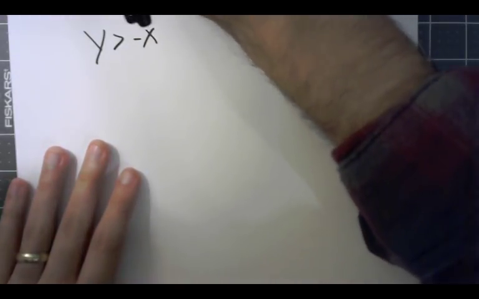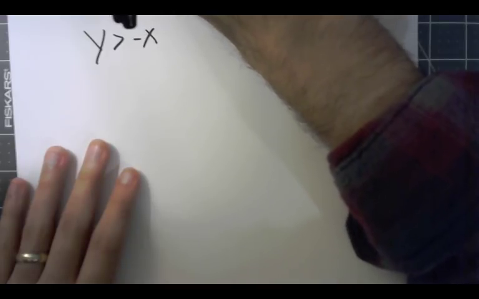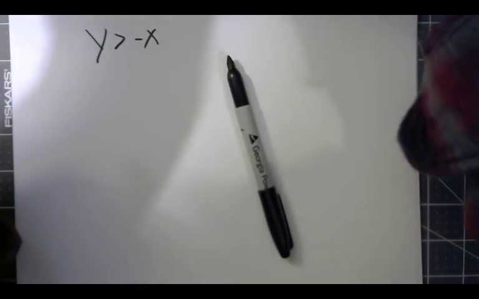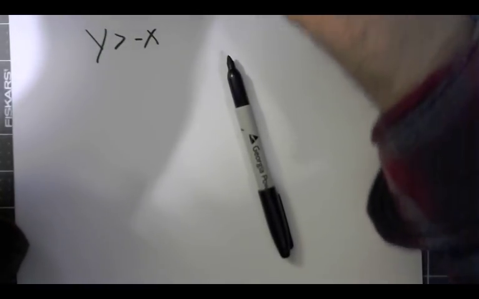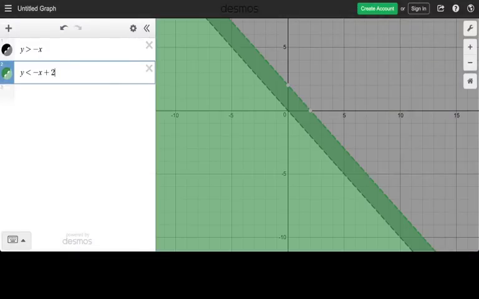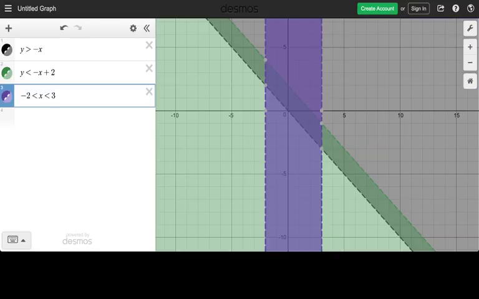Okay, I'm going to start graphing this on my own so I can see what it's going to look like. So y, and negative x plus 1. Okay, let's do that.